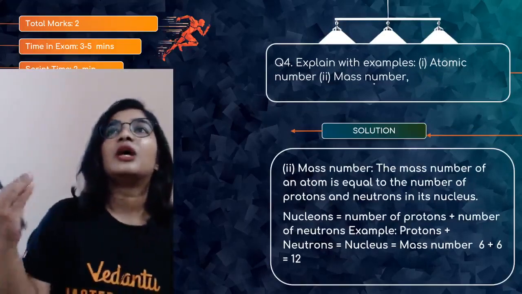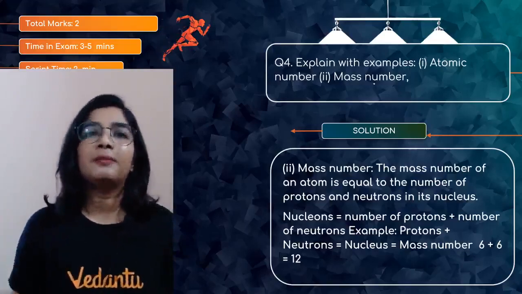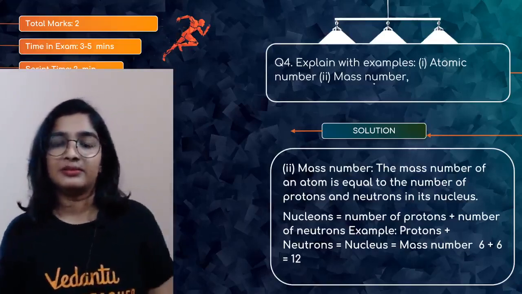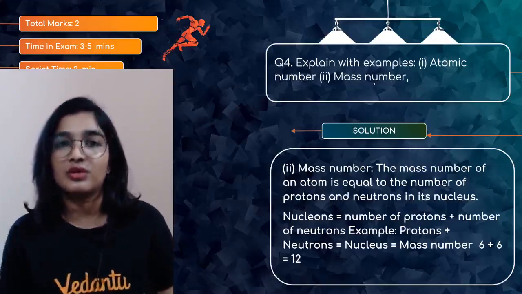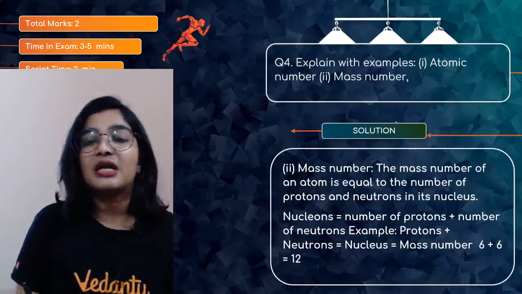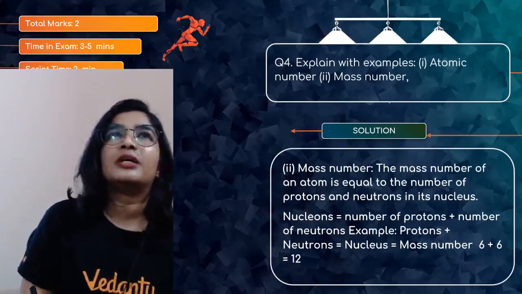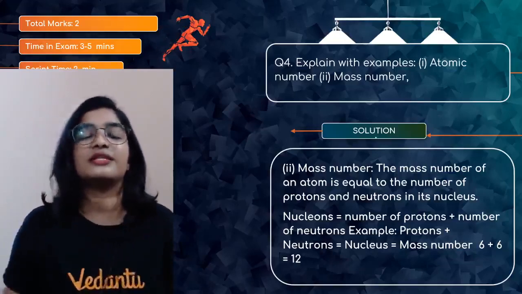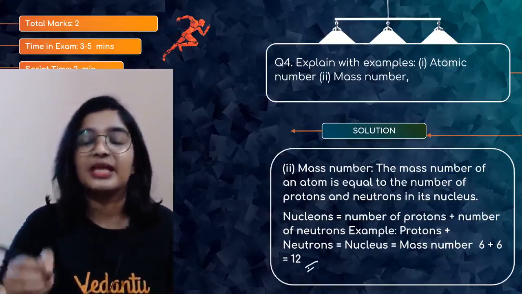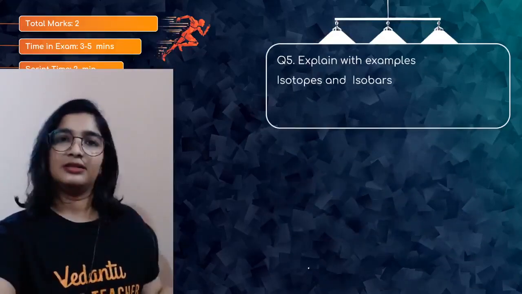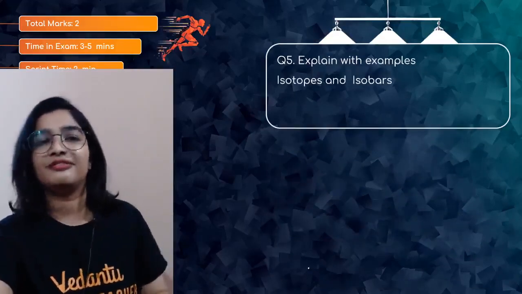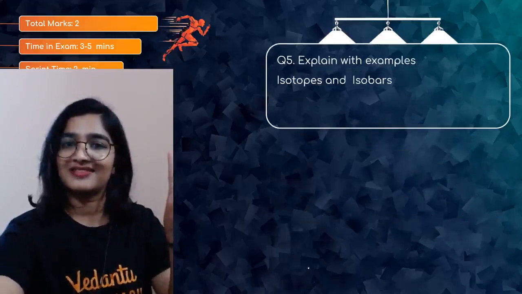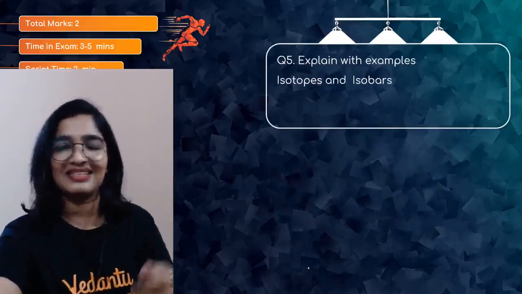For example, the atomic number of sodium is 11 because it has 11 protons. And the mass number of carbon is 12 because it has 6 protons and 6 neutrons. That's how you can write an example and the definition so that you can score 2 marks. Very good, easy peasy, right?